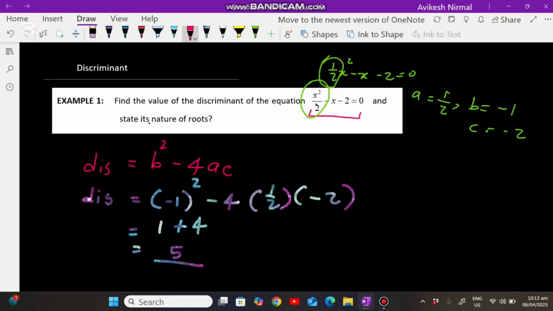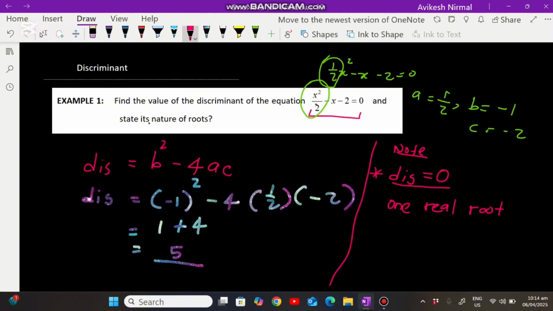So whenever, you can make a note here, whenever the discriminant is equal to 0, that means there will be one real root, one repeated real root. When the discriminant is negative, which means less than 0, there will be no real roots.